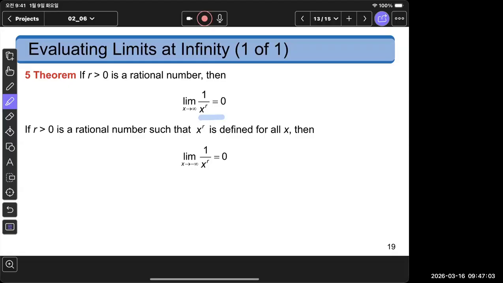And the limit of 1 over x to the r as x approaches infinity is 0 because the magnitude is increasing. Even when x approaches negative infinity, the magnitude of the denominator is increasing, even though the sign of x to the r may oscillate, depending on the situation.